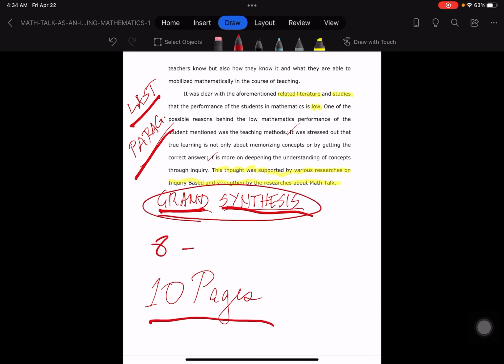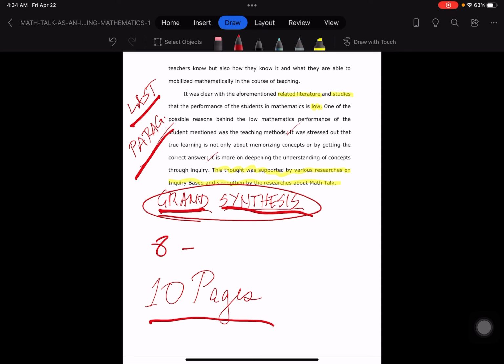If there is still a need to prove that there is a research gap, that there is a need to support the issue, the issue is existing and there is a need to conduct the study, then by all means, you can go beyond what was given to you.